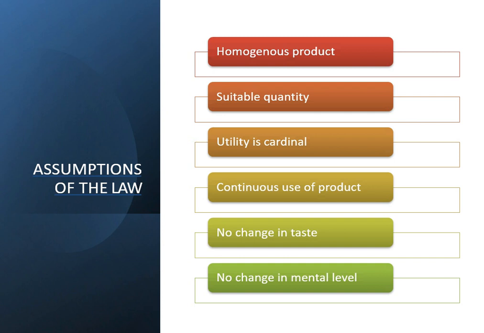So in this way this law will not hold true. For the true occurrence of this law, we have to use that commodity continuously, one unit of the good after another.